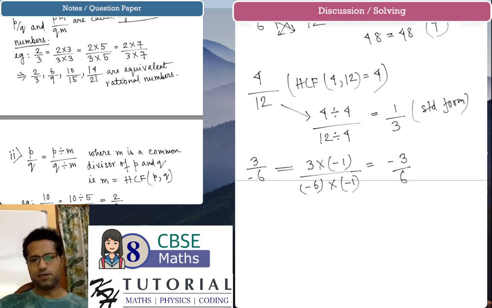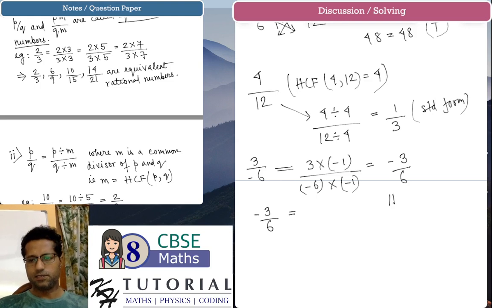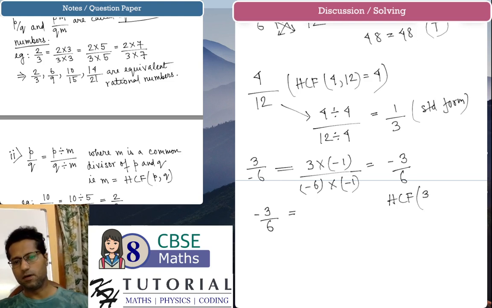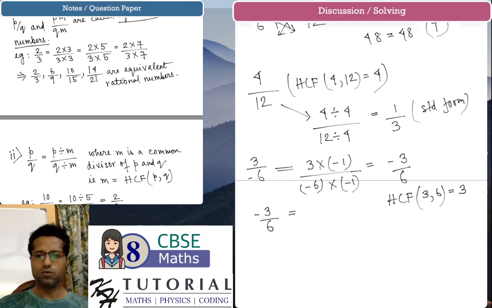Now minus 3 by 6 is also not in standard form, because if you ignore the sign, the HCF of 3 and 6 is 3, which is not equal to 1.